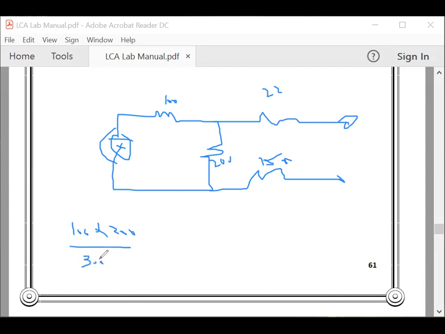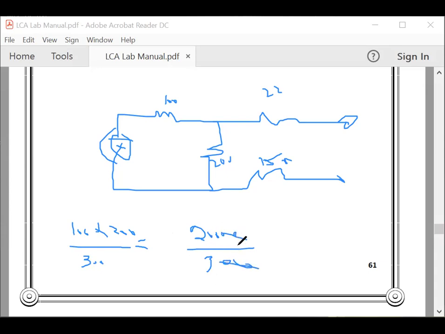So 200 divided by 300, so these two zeros are cancelled.